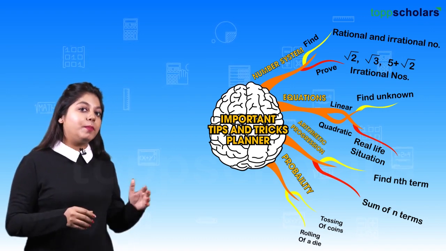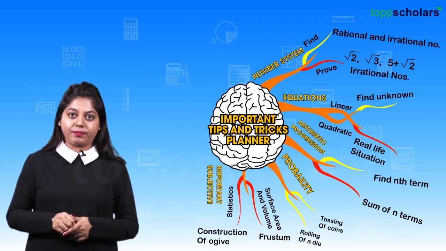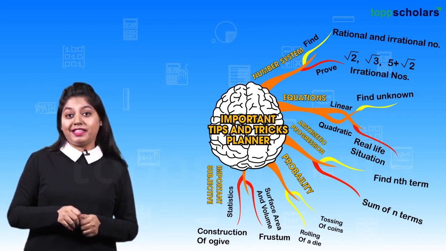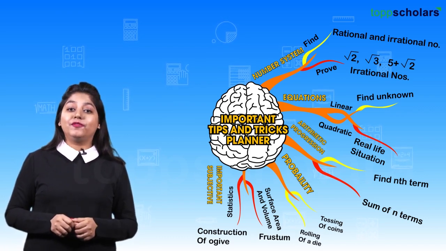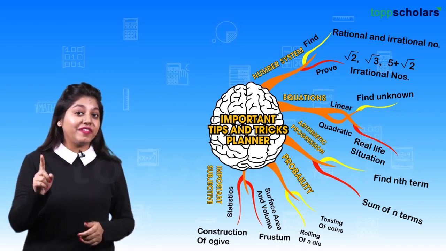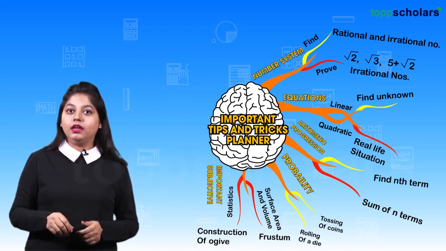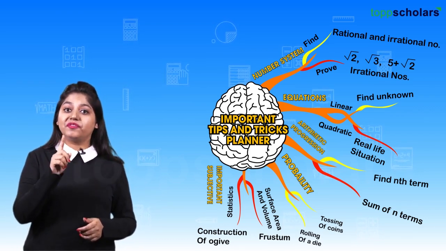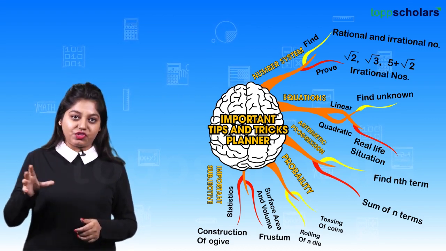And for the important subjective type of questions, we have 2 important chapters, surface area and volume, and the next one is statistics. For surface area and volume, we have one subjective question fixed from the frustum concept, while there is one subjective question fixed from statistics, that is construction of an ogive.